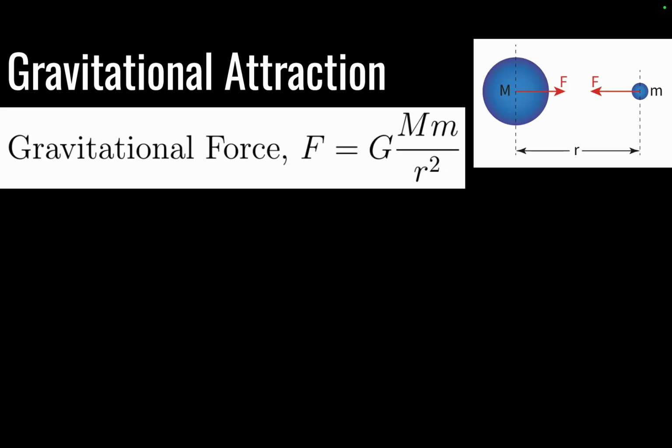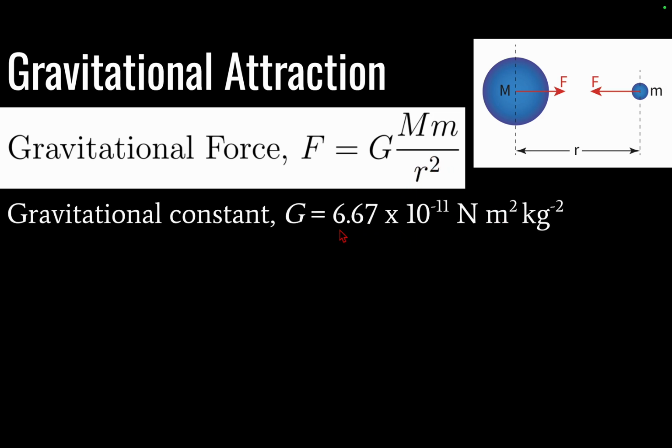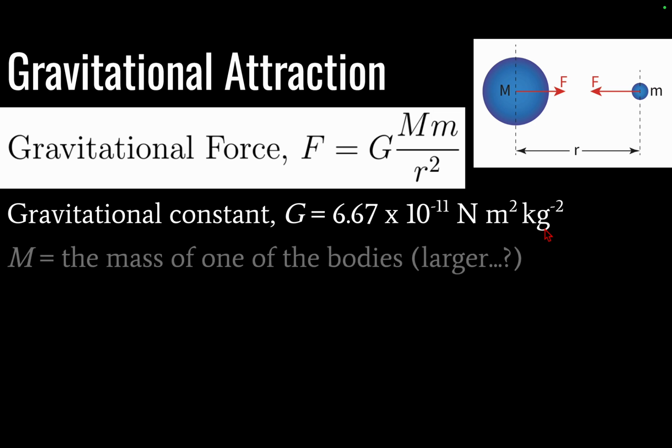So here, putting it all together, gravitational force is equal to the gravitational constant times the product of our masses divided by the distance between those masses squared. And the gravitational constant is 6.67 times 10 to the negative 11 Newton meter squared per kilogram squared.